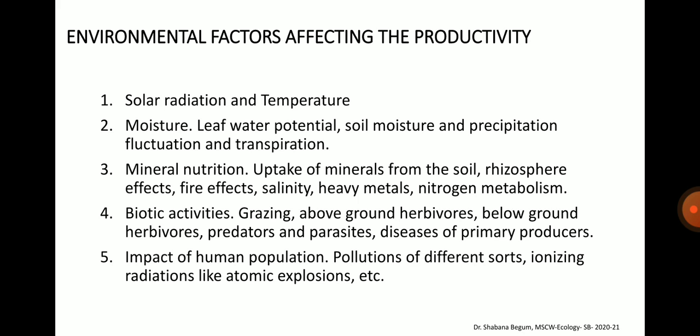Mineral nutrition, where there is uptake of minerals from the soil, rhizosphere effects, fire effects, salinity, heavy metals, nitrogen metabolism, etc. Then biotic activities, where there is grazing, above ground herbivores, below ground herbivores, predators and parasites, diseases of primary producers. Finally, the impact of human population. The pollutions of different sorts, ionizing radiations like atomic explosions are some of the factors which affect the productivity of an ecosystem.